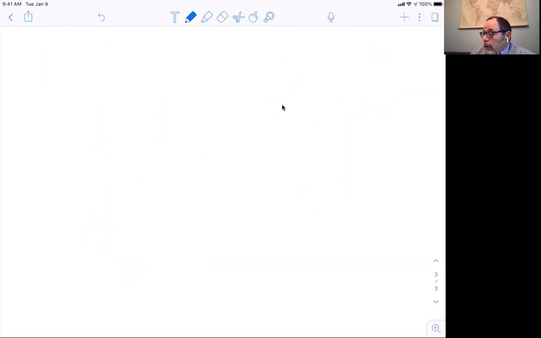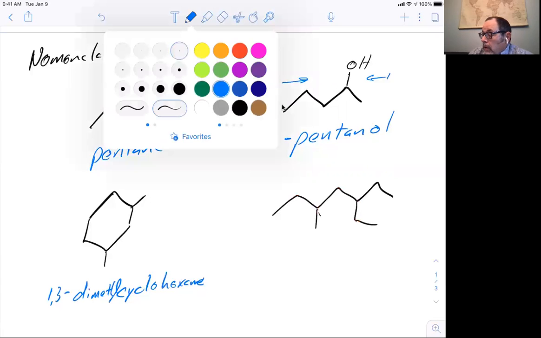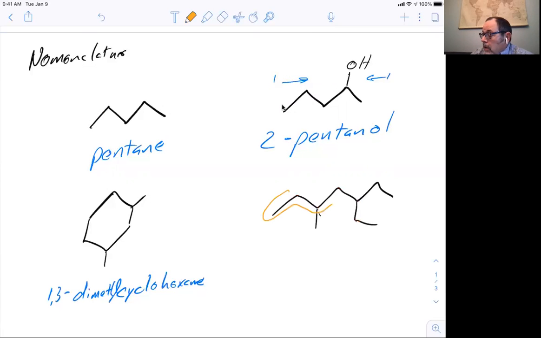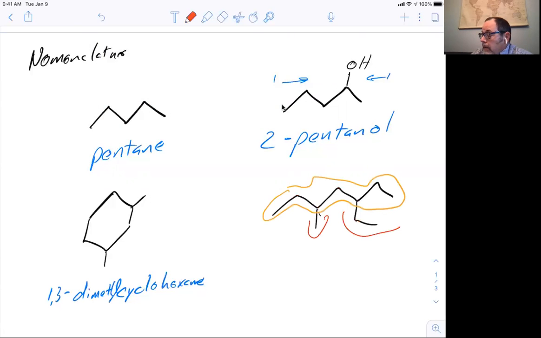And on this one, we go with the longest chain. So 1, 2, 3, 4, 5, 6, 7, and 1, 2, 3, 4, 5, 6, 7. Both of these are going the same direction. To help me do this, I'm going to circle my longest chain. Then that gives me a methyl and an ethyl.